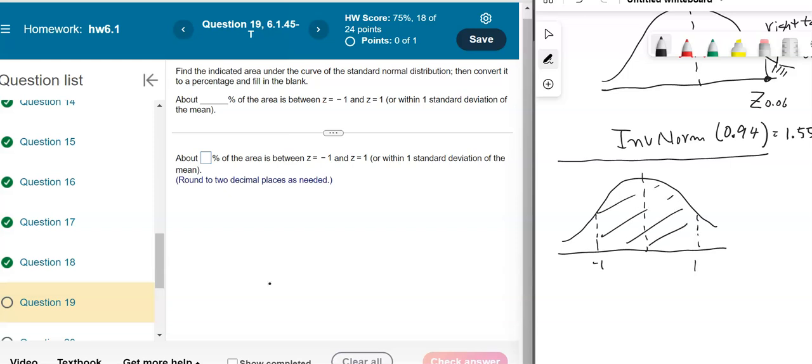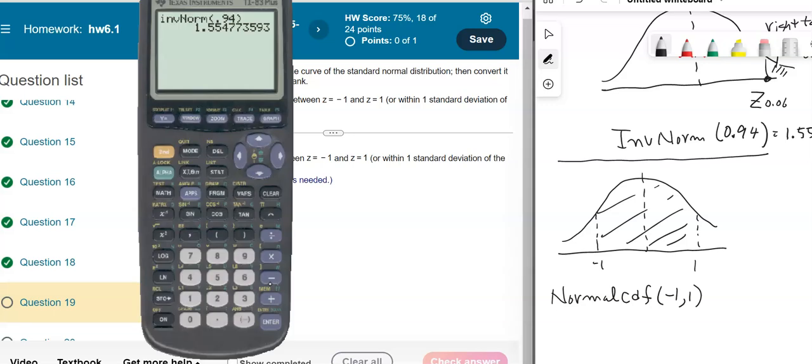What is this area? Okay, so normal CDF, -1, +1. That's all you need. Okay, so normal CDF, I'm going to clear that. Second bars, normal CDF, you need -1, +1.